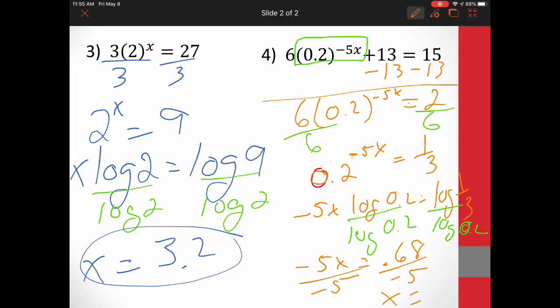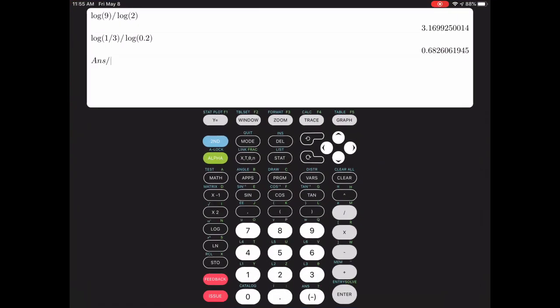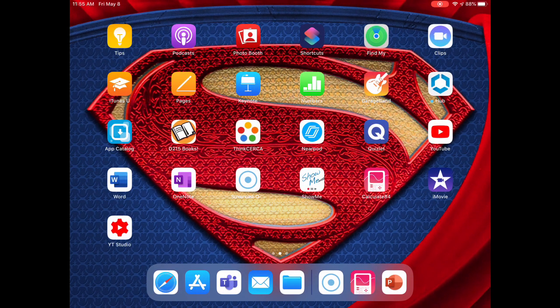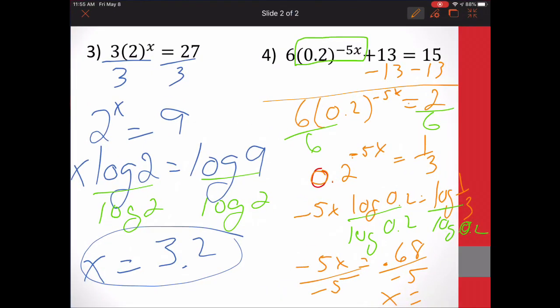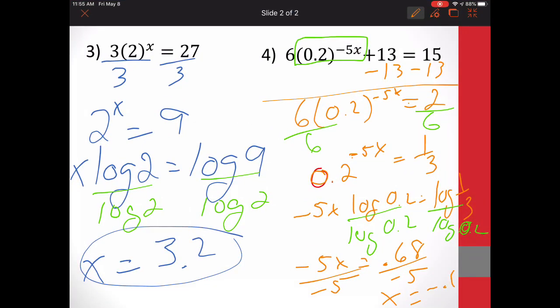X equals negative 0.14. And that's it. Very similar to solving normal multi-step algebraic equations, except now at the end, when you get a base and an exponent, you have to apply log to both sides.